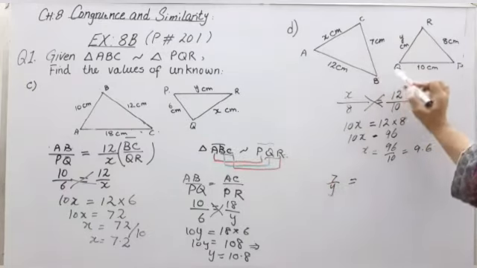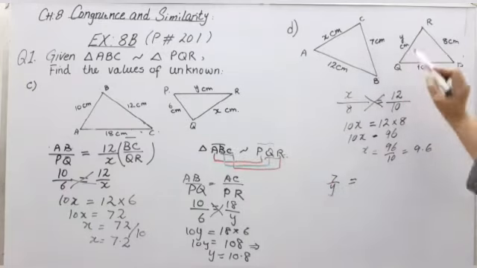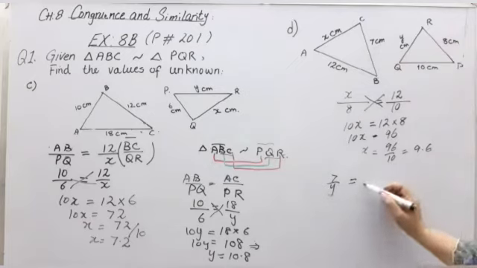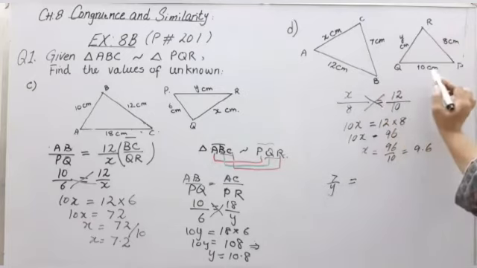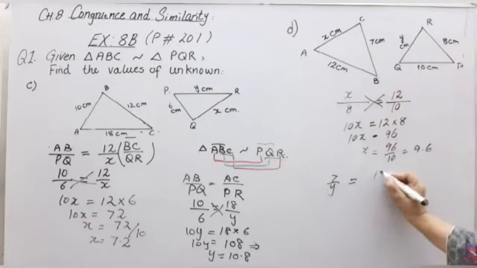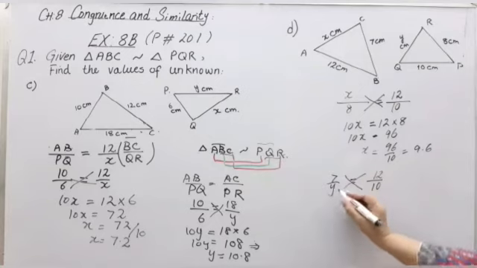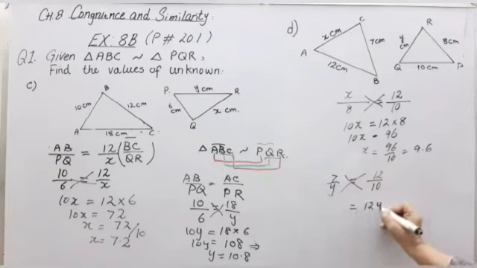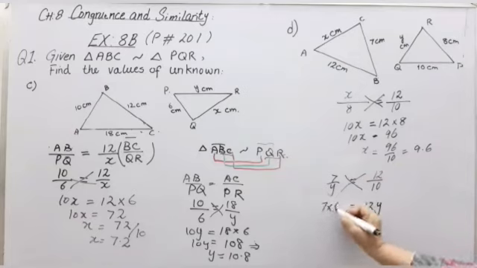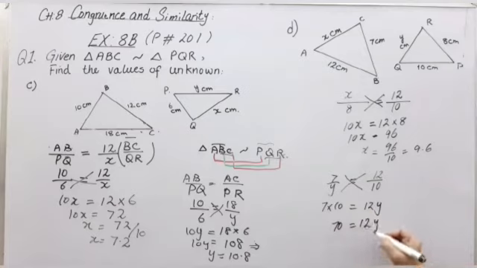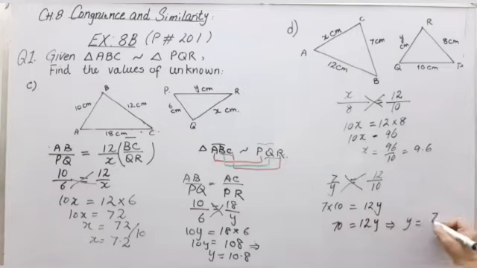So 7 by Y. In the same way, you can write AB is 12 and this is 10 and cross multiply it. Now you can write 12Y is equal to 7 into 10, so 70 is equal to 12Y. And now according to this, Y is equal to 70 by 12.